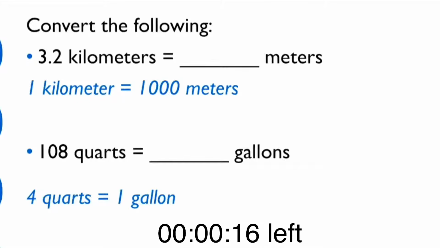Which one is it? Yeah, it's smaller. A meter is about a yard. A kilometer is closer to a mile than it is to a meter. So a meter is definitely the smaller unit, and that should tell you exactly what to do in terms of the math.